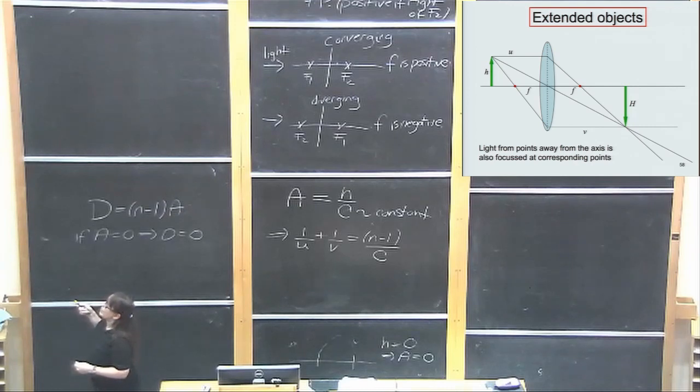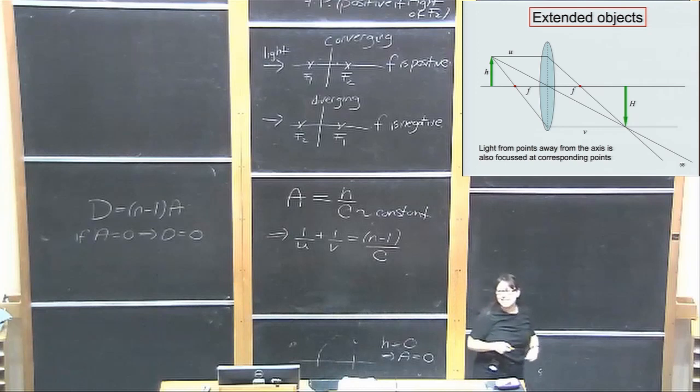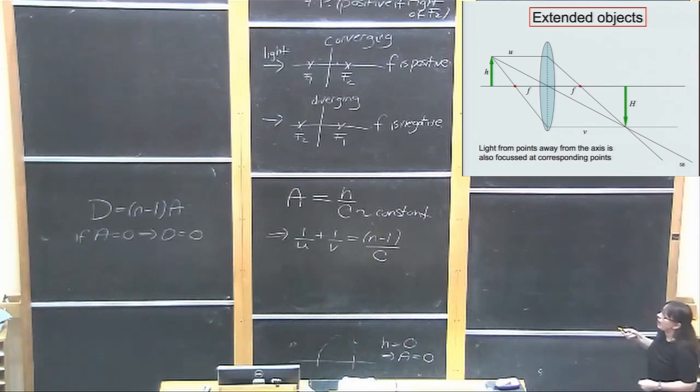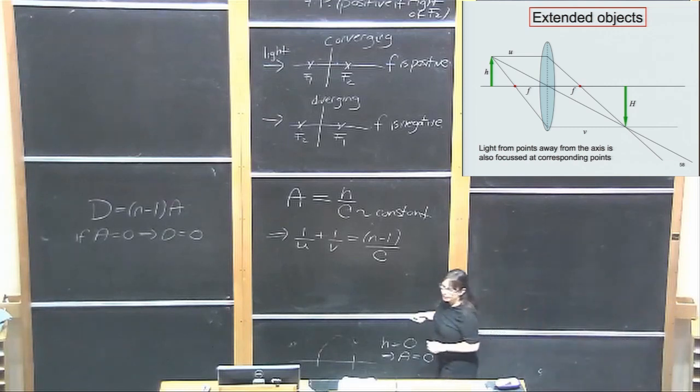Remember, we are in the thin lens approximation, so these edges coincide with the middle, and in the paraxial approximation it's hitting the lens a negligible distance above the axis. And so that ray really is hitting the center of the lens right at the A equals 0 point, so it just goes straight through, nothing happens.